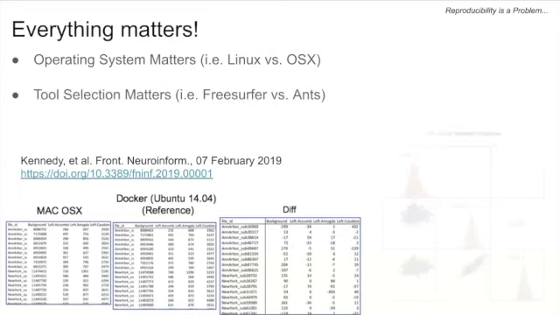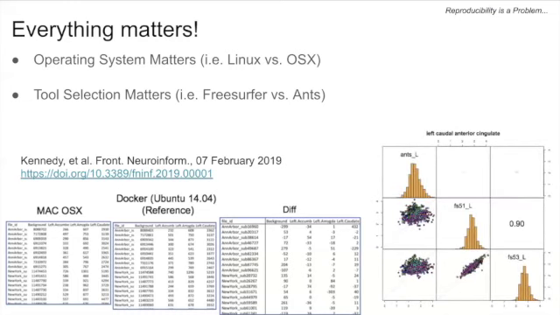Tool selection matters. Many publications remind us that different tools make different assumptions and come up with different types of results, even for nominally similar types of observations. This particular slide on the right talks about two different tools, FreeSurfer and ANTS, and looks at a particular structure, the average thickness of the left caudal anterior cingulate.